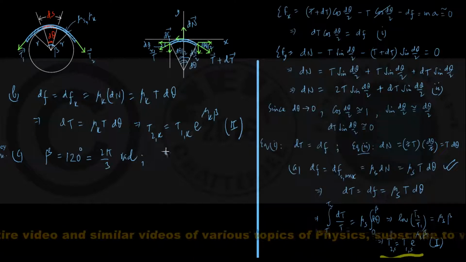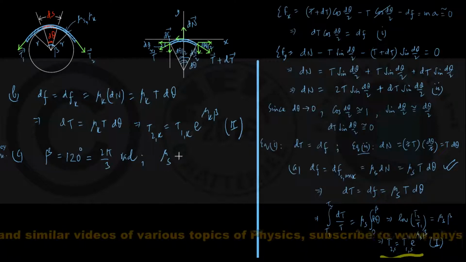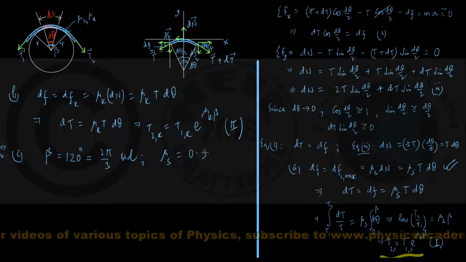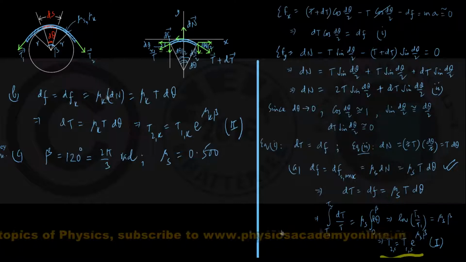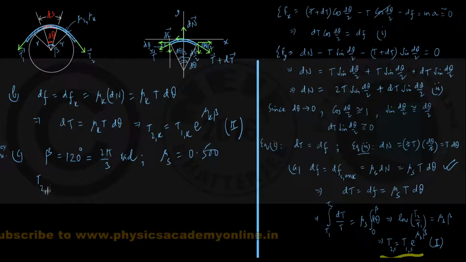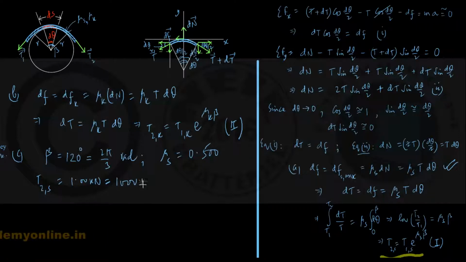The value of mu s, static frictional coefficient, is given to be 0.500, and the value of the larger tension, in my case that is T2s, is given to be 1.00 kilonewton, that is 1000 Newton. And you have to find out the minimum permissible value of T1s so that this rope does not slip on the pulley, that is, it's just on the verge of slipping without slipping.